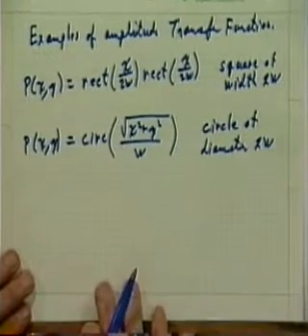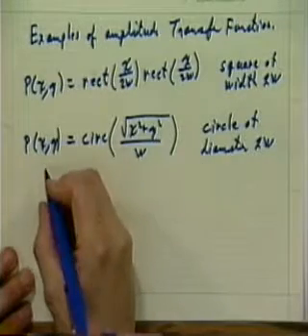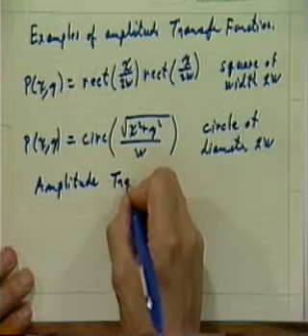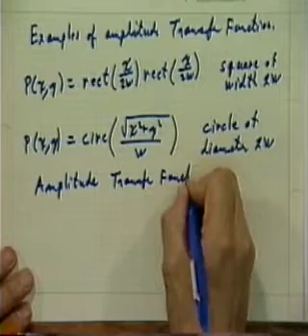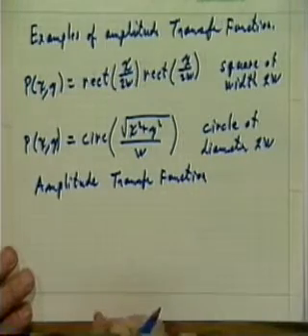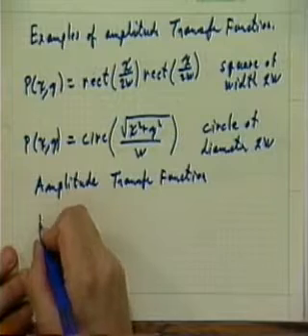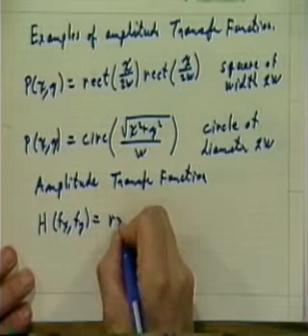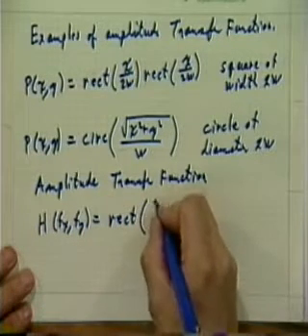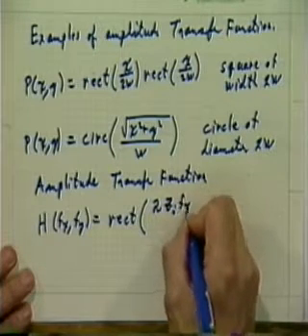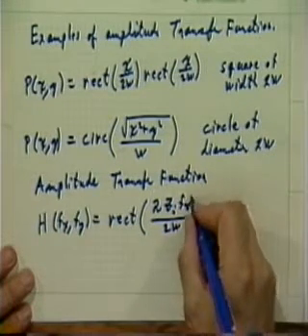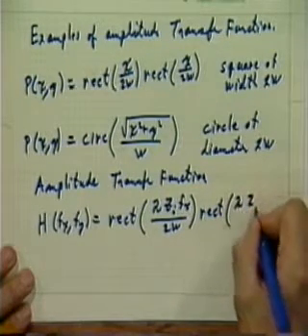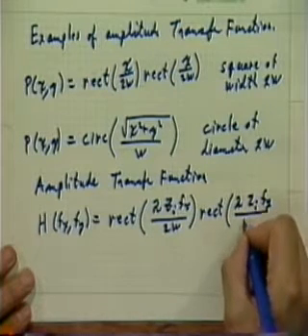And then the transfer function is given by, for the square, h is rect of lambda z sub I f sub x over 2w, times rect of lambda z sub I f sub y over 2w.